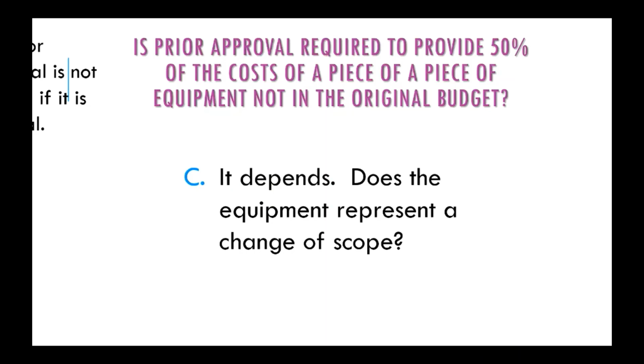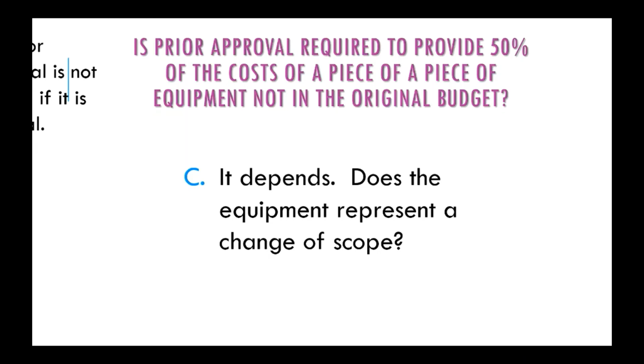And if you come and ask us to give approval for this piece of equipment, we'll check with our program officer to make sure it is not a change of scope. And if we agree that it's not a change of scope, then we will tell you that it's within your institution's own delegated authority. We don't give approval for something you already have authority to do.